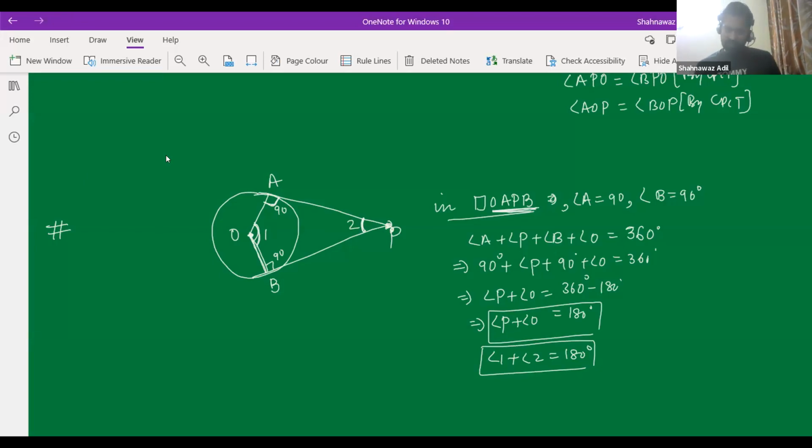The thing we have to remember is that if you join this external point and make the two tangents, and then make a quadrilateral out of it, then in this quadrilateral the opposite angles would be supplementary.